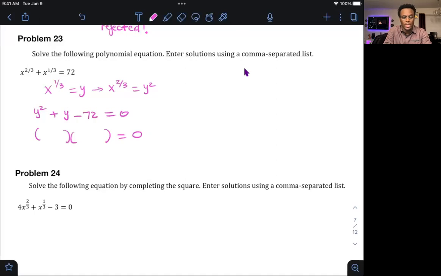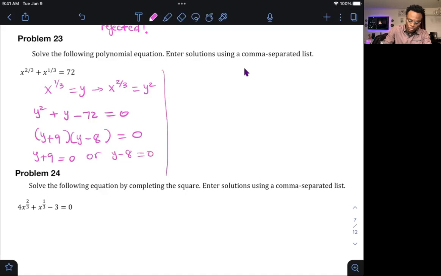Then you need 9 to be positive and 8 to be negative. So that's y plus 9, y minus 8 equals 0. By the zero product property, y plus 9 equals 0, or y minus 8 equals 0. So two solutions, y equals -9, y equals +8.